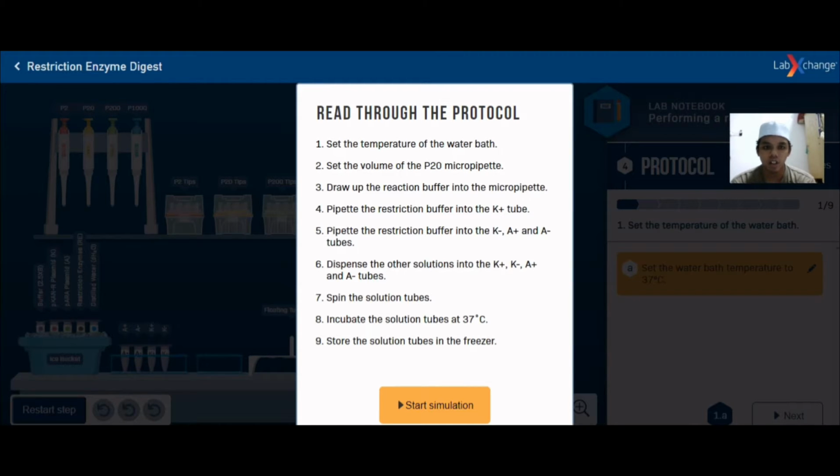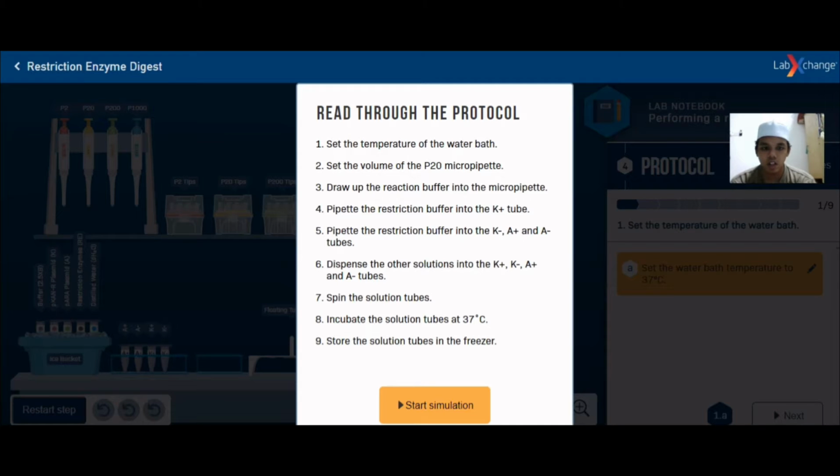So the protocol for the simulation has 9 steps. First we need to read through the protocol. First, set the temperature of the water bath. Next, set the volume of the P20 micropipette. Third, draw up the reaction buffer into the micropipette. Fourth, pipette the reaction buffer into the K plus tube. Fifth, pipette the reaction buffer into the K minus, A plus, and A minus tubes.